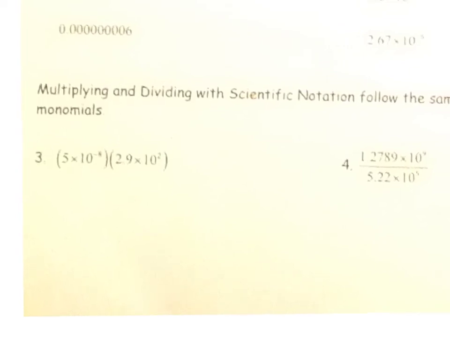Now here's what might be new to some of you. Take a look at number 3. When I'm multiplying in scientific notation, I'm going to take the 5 times the 2.9, and if I grab my calculator and do that, here's what I get. I get 14.5. Then with the exponents on the 10, using all the rules I know, I should add those together. I get negative 6. All right, now here's the new part.